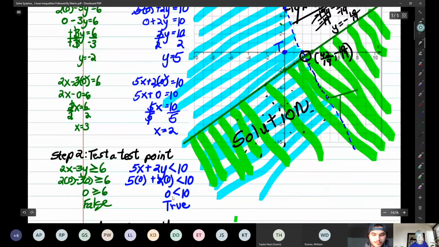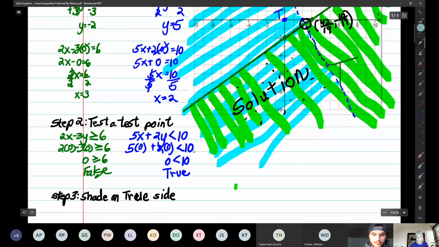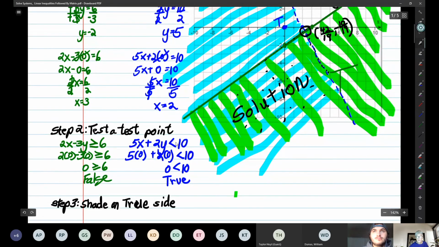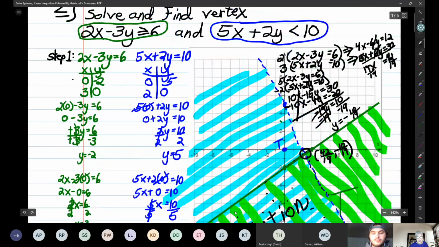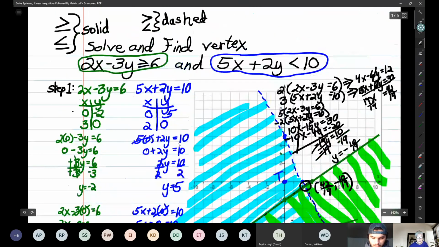And then, to shade, you have to actually turn it back into the original inequalities. So you draw the line, you find a test point, you test the test point, and then you shade on the true side. On your paper, you're getting 2 points, so it'll be easy to graph those on my math lab.